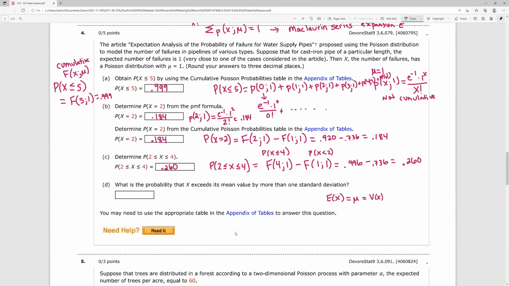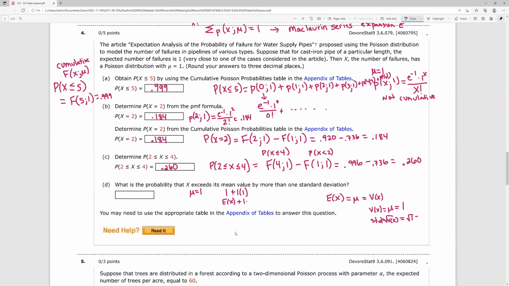Now, when we go to look at this, we have to read this. What's the probability that x, our random variable, exceeds its mean value by more than 1 standard deviation? Okay, well, if your mean is 1 and you add 1 standard deviation, which is also 1, because remember our mu was 1. So E of x plus 1 standard deviation, which if variance is mu, and it's 1, that means standard deviation is also 1.